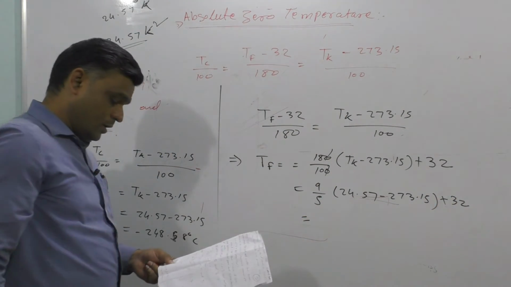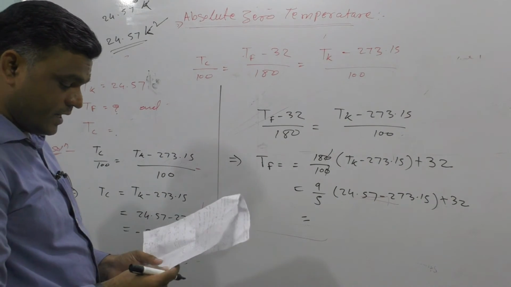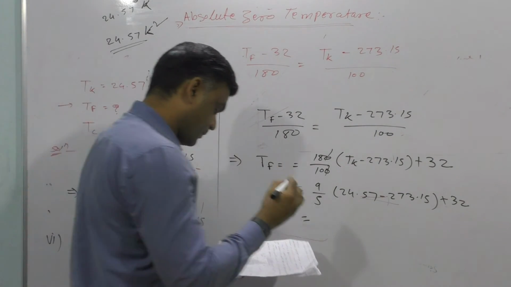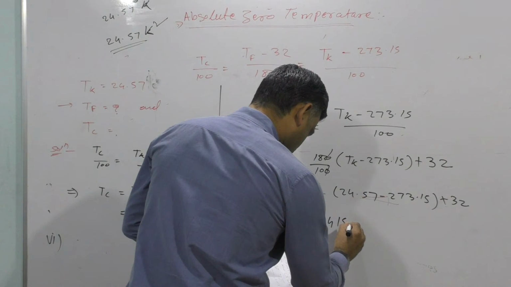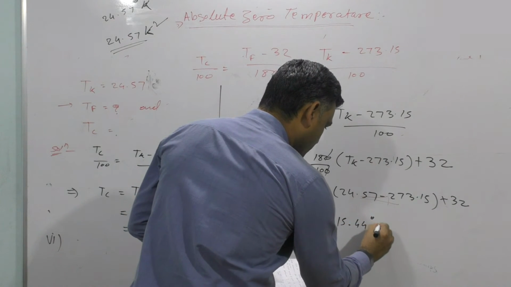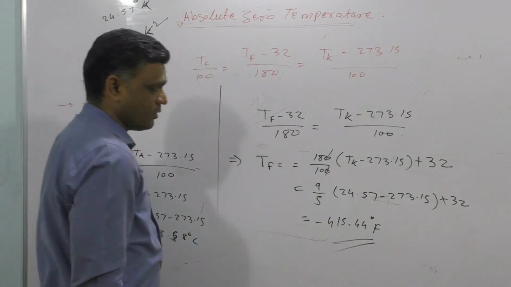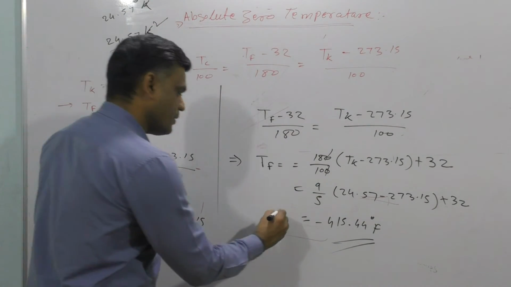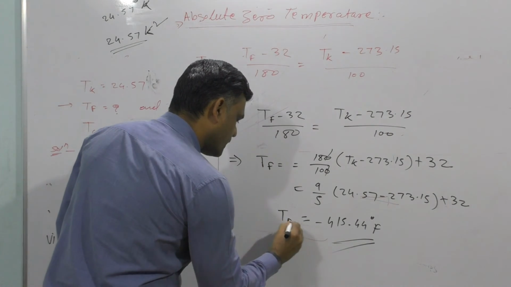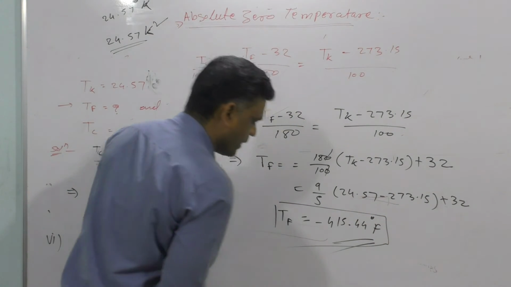So what will we get, I provide you the direct answer. TF is equal to minus 415.44 degree Fahrenheit, but we have to check at home, it is just division and subtraction. Okay, TF means temperature in Fahrenheit.